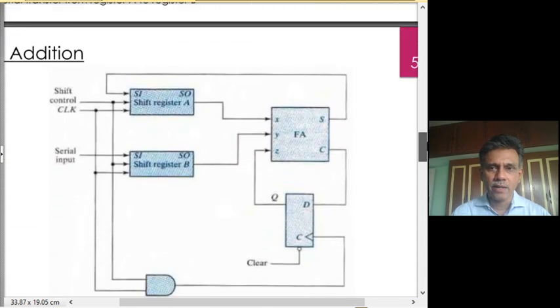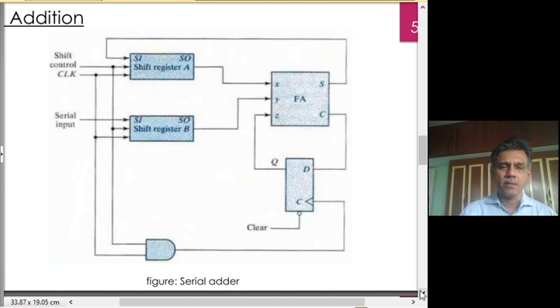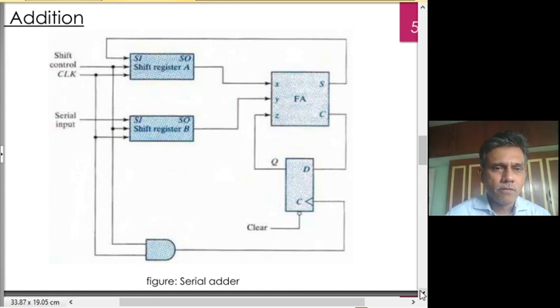Now let's look at an example giving the utility of the shift registers. Let's say we want to build a circuitry which can be used to do the addition process.